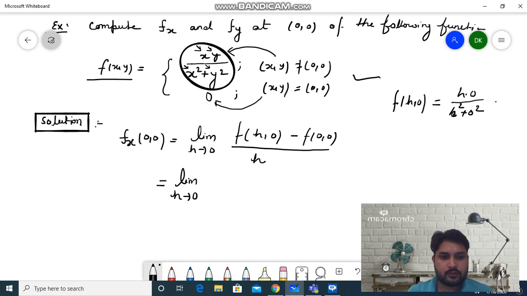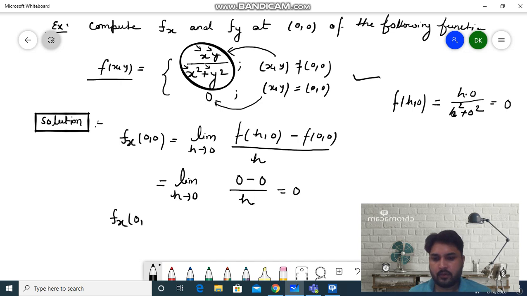So ultimately it gives us the value 0. So f(h, 0) is 0, minus f(0, 0), value is 0, so it is again 0. So 0 upon h is 0, and the limit of this function will be 0. So the partial derivative of f with respect to x at point (0, 0) is 0.